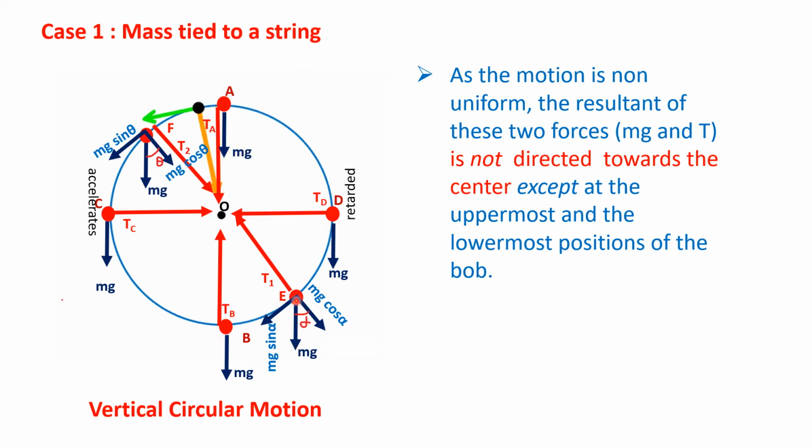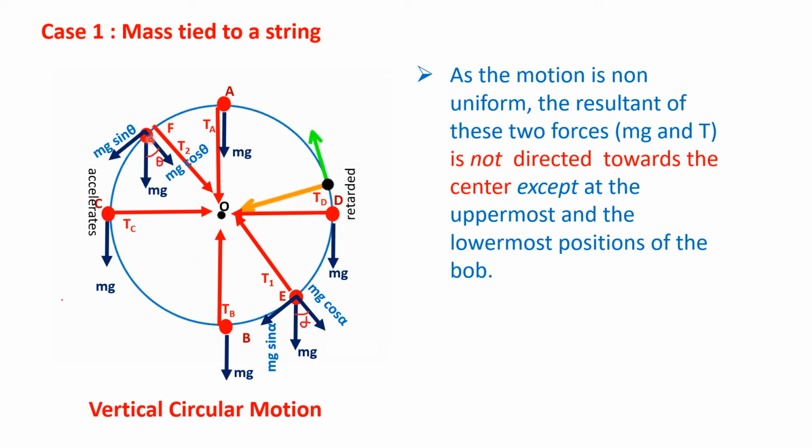Suppose I have taken an arbitrary position at point E. We have to resolve the mg component along two axes. One is mg cos alpha, which is directed away from the center, opposite to the tension T1, which is directed towards the center, and second component is mg sin alpha, which is tangential to this vertical circular motion.